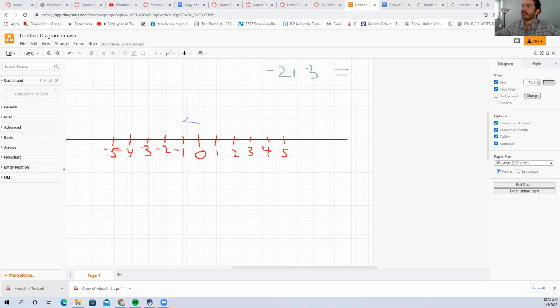I go 2 to the left, because that's where my negative 2 is, and then my 3 is 3 to the left. I'm going to take the tail of that second number and put it right on top of the first number. And I'm going to go 1, 2, 3. And look, here I am at negative 5.